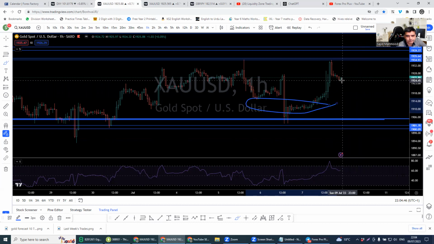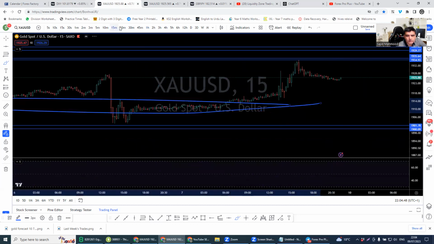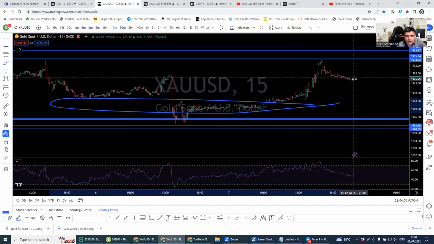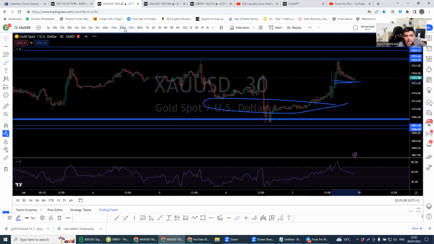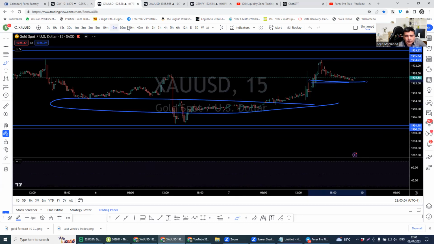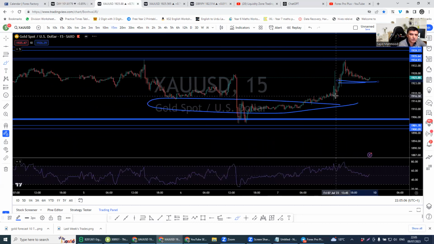In 15 minutes, this order block has been respected. Let's see. Yeah, there is no order block in the half an hour. So let's see how the market moves.